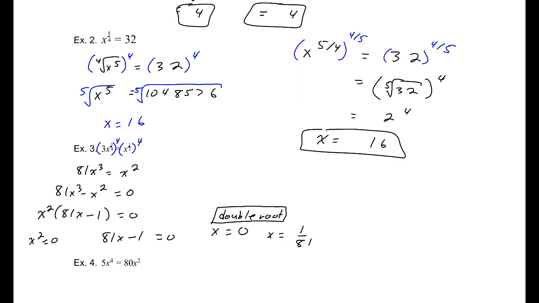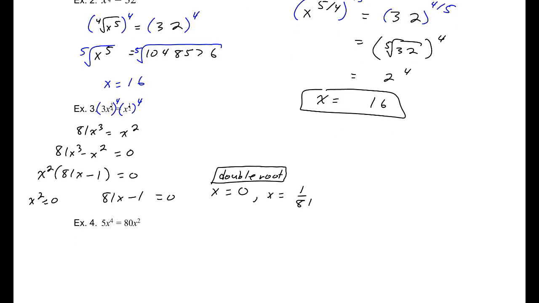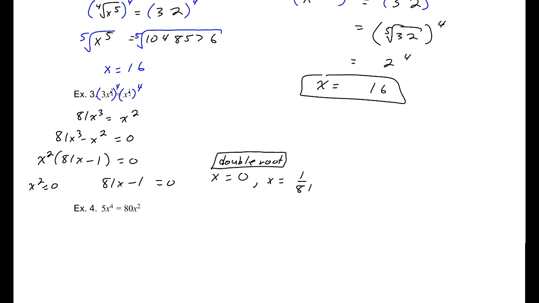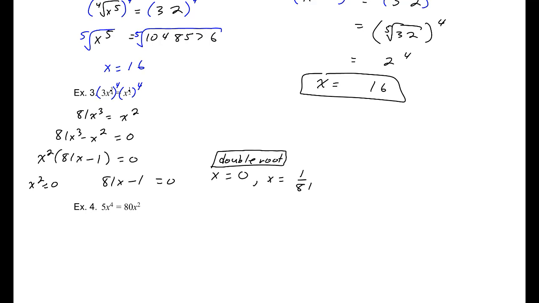So x equals 0 counts as 2 solutions, plus the third, x equals 1 over 81. So there are, in total, 3 solutions. Now, I could have factored this another way, and I'm not going to do that here, but you could subtract the x to the 1/2 to the other side and then factor out an x to the 1/4. That should give you the same solutions.